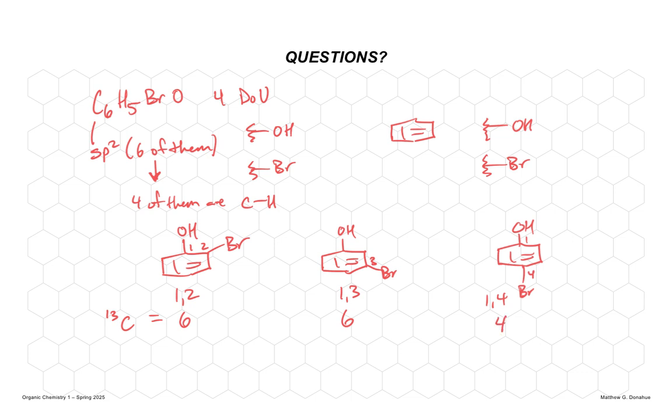Why is this one different? See this line right here? It has a plane of symmetry. That carbon's unique. These are the same type due to the mirror plane. These are the same type, and then that's unique. So 1, 2, 3, 4. We already said by looking at the carbon NMR, there were 6 unique carbons, right? So we can eliminate the 1,4 as being a possibility.